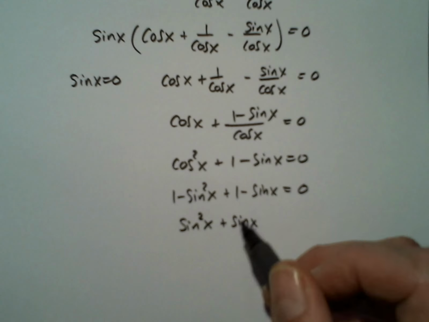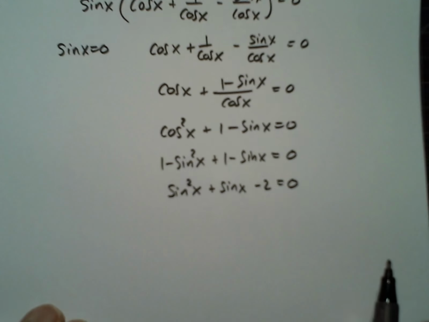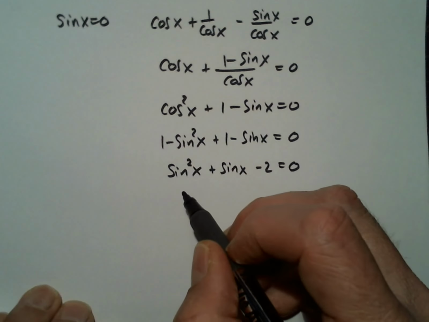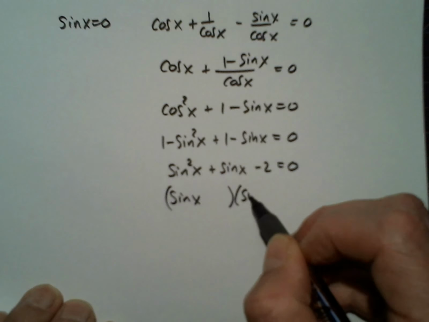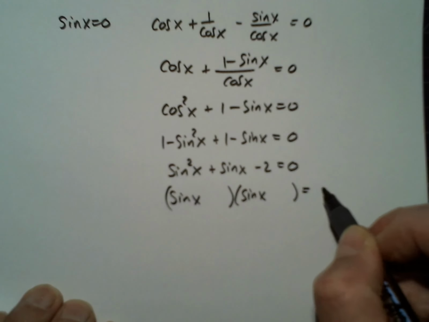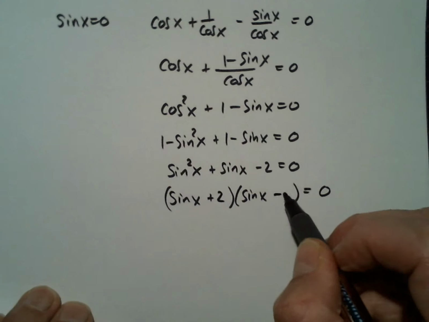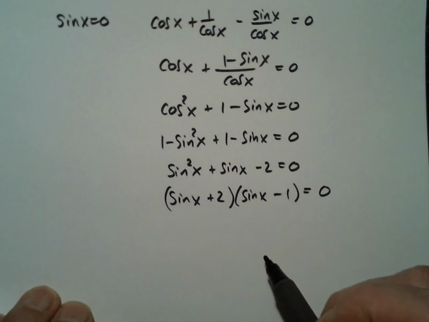This would be a positive 2, but we divide by -1 and we'll get a -2. And let's do +2 minus 1, so we'll multiply to get -2 and add to get a +1.